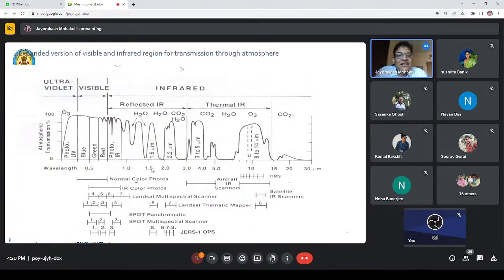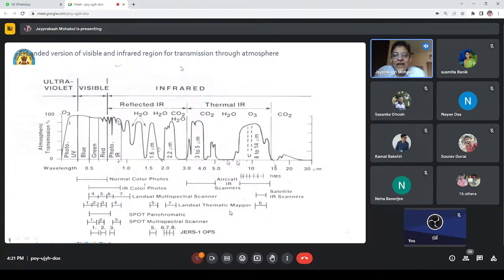But then there are sharp absorptions due to water vapor at 1.1, 1.4, 1.8, right? Then 2.6, right? Then 5 to 8, right? So you don't do remote sensing in these ranges.